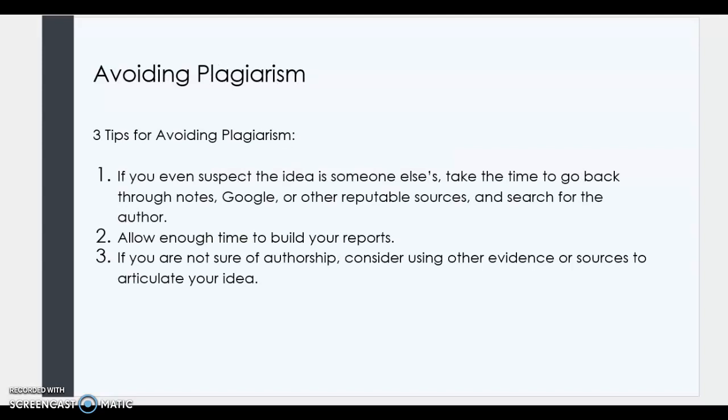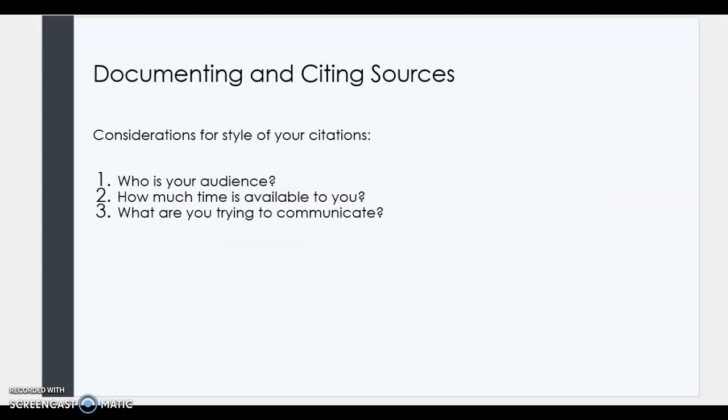You want to avoid plagiarism. 3 tips: if you even suspect that the idea belongs to someone else, take the time to go back through your notes, Google, or other reputable sources to search for the author. Allow time to build your report, and if you're not sure of the authorship, consider using other evidence. Just don't even use it at all.